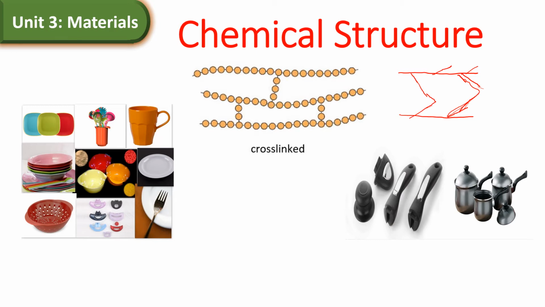However, if you heat it further, if it is really hot, then they will possibly break. So what are examples of your cross-linked polymers? You can find them in common household utensils like your plate, your cup, your spoon, or your plasticware, and even for cooking.